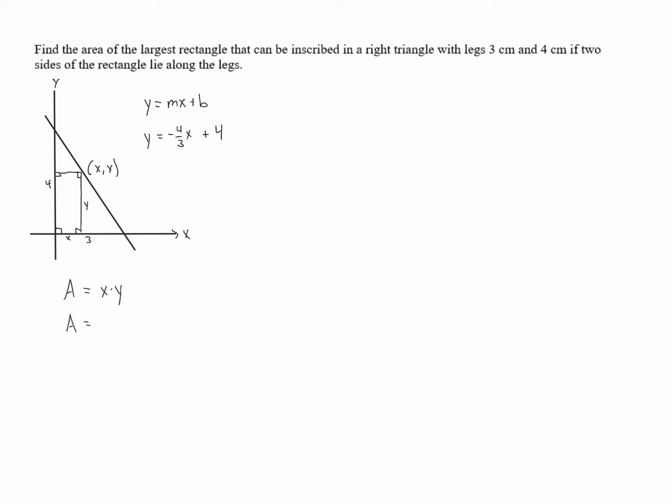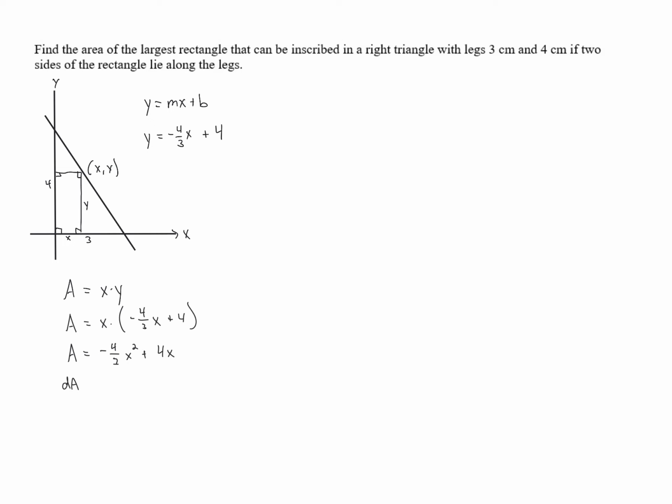So area is x times y, but y is -4/3 x plus 4. And now we have an equation for the area that's only based off of x. We can also multiply that out because we know we're going to have to differentiate, and it's easier to do it term by term. So it's going to be -4/3 x squared plus 4x.